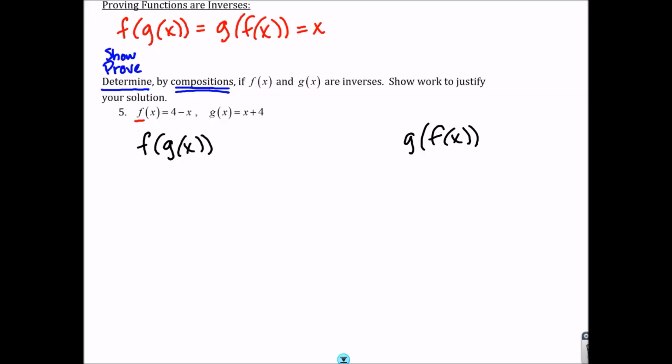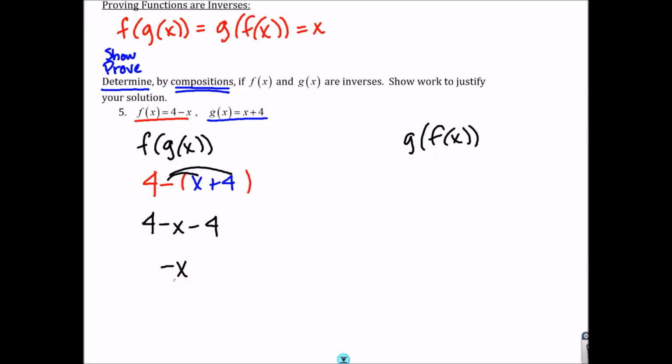So we have that f of x is 4 minus x and g of x is x plus 4. So if I'm going to do f of g of x, I'm going to start with f of x and then I'm plugging g of x in for x. So we need to remember to distribute the negative. So I have 4 minus x minus 4, which leaves me with negative x.